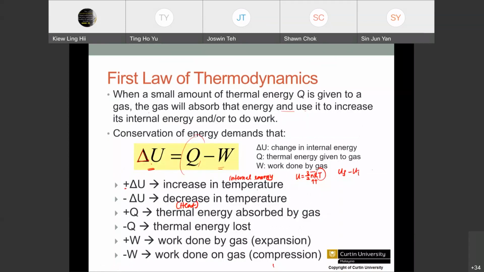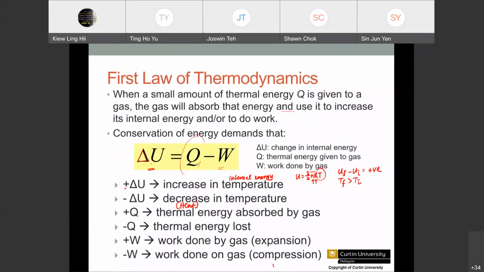Positive delta U means there is an increase in temperature, or an increase in internal energy. Why? Remember, internal energy equals 3/2 nRT, isn't it? Your n and R are constant, so the only variable is temperature. If the change in internal energy is positive, your final internal energy is larger than the initial internal energy, meaning the final temperature is larger than the initial temperature. So if you get a positive delta U, there is an increase in temperature. If you get a negative delta U, there is a decrease in temperature.